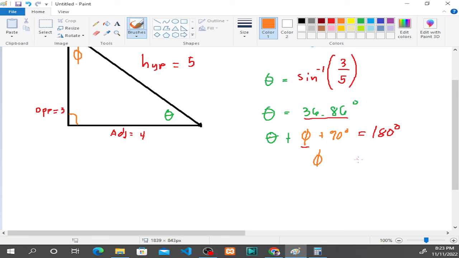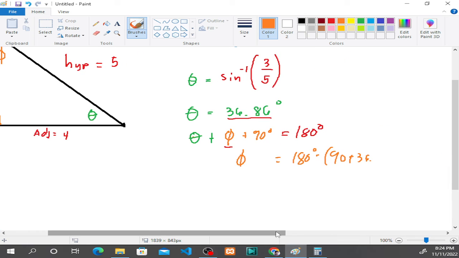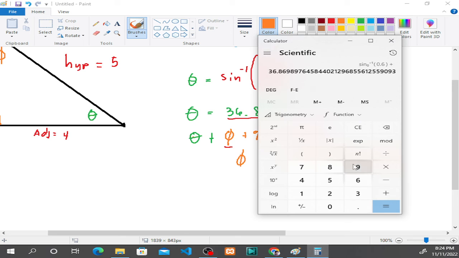So phi is equal to 180 minus the sum of 90 plus 36.86, and that's the value of phi.